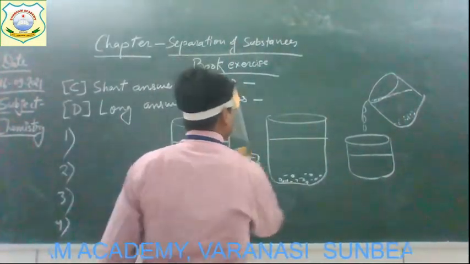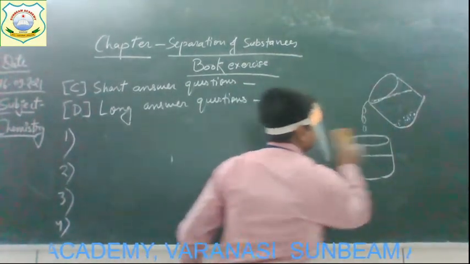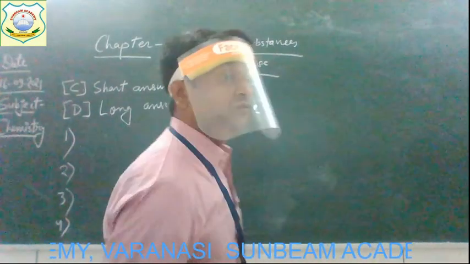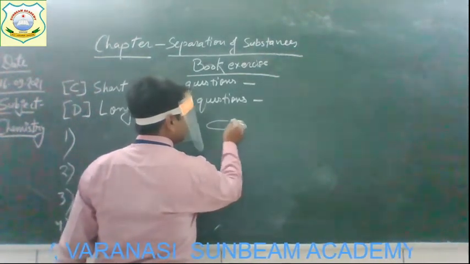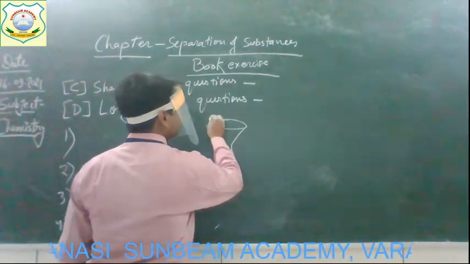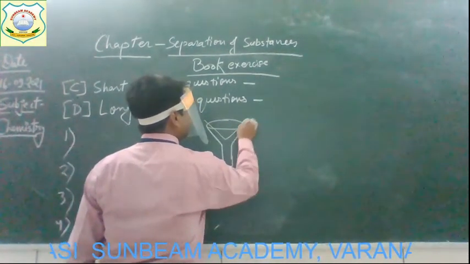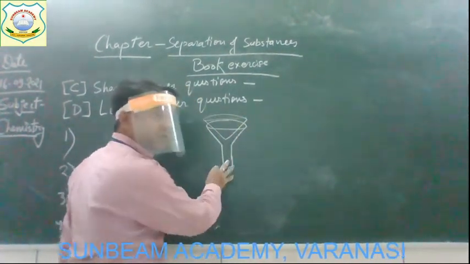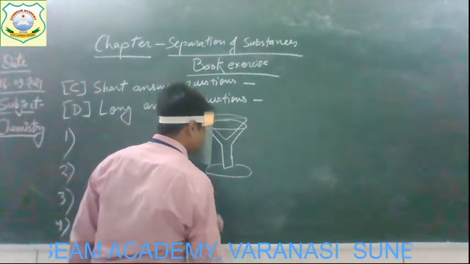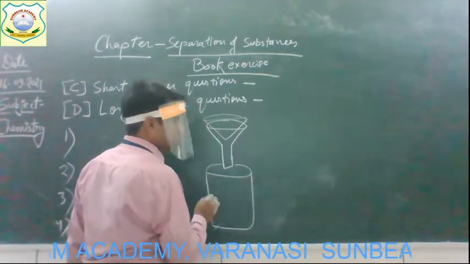Remember how the filtration method takes place. What do we use in the filtration method? We use a funnel, and we use filter paper in it. Below the funnel we place a container.